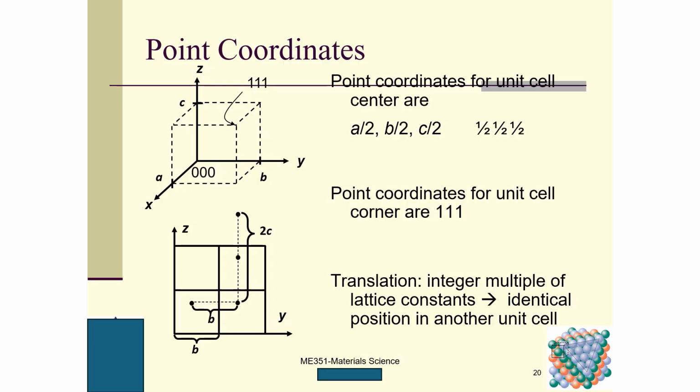This is just to tell you the position, because the XYZ coordinate system is used here artificially. As long as it is an integer multiple of lattice constants, it will result in an identical position in another unit cell, because this is a periodic array. It is a periodic pattern.